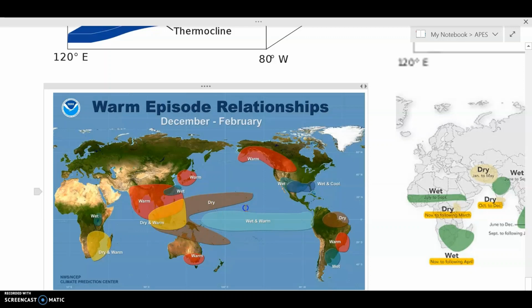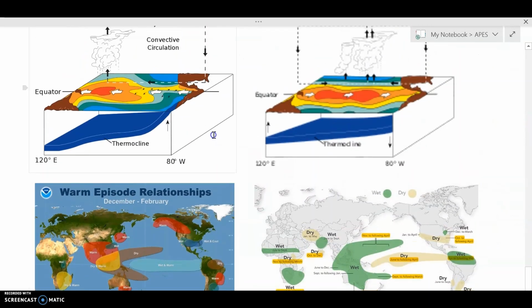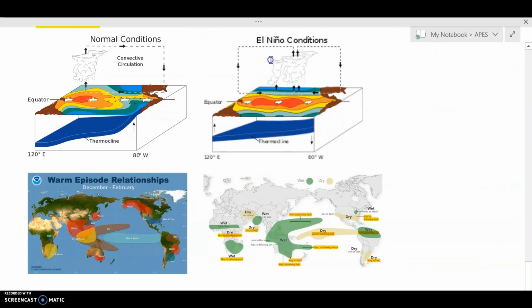Just know that if you think about it logically, El Nino is pretty much bringing all that warm air and warm water to the west coast of South America.